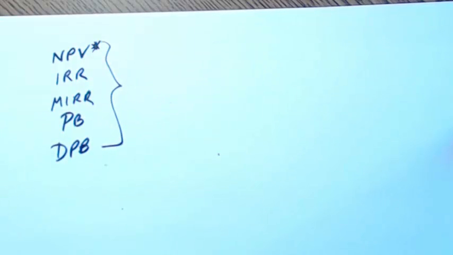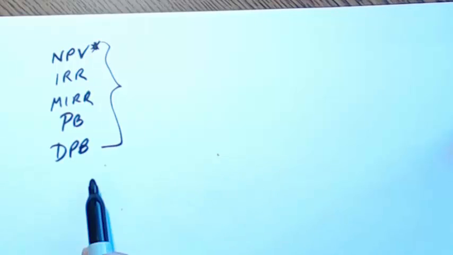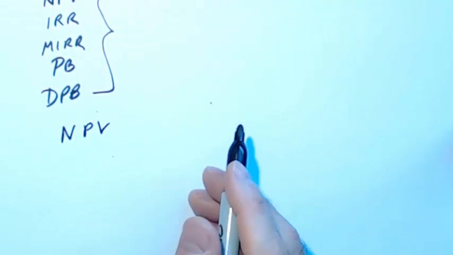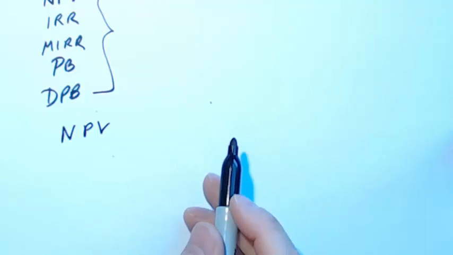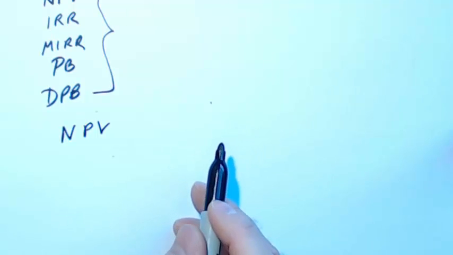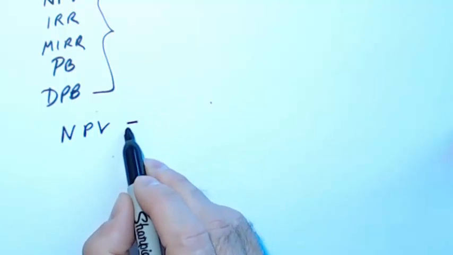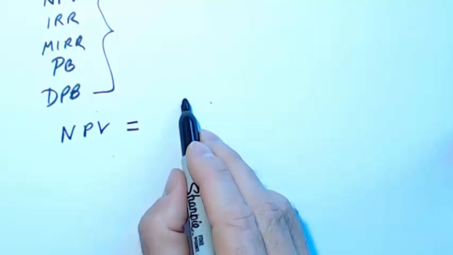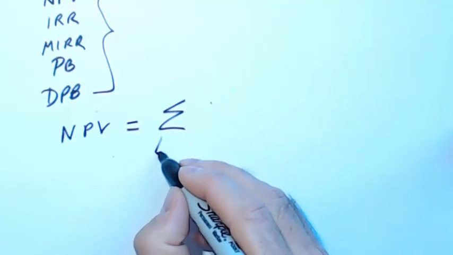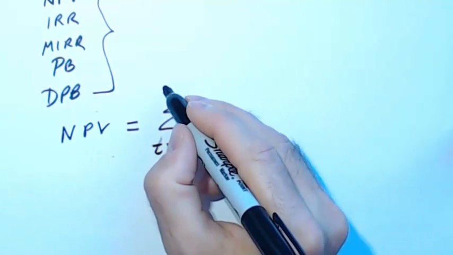So, net present value. Net present value is the sum of the present values of all the cash inflows and outflows of the project. So net present value equals, now I'll show you this formula. It looks a little ugly, but it's not so bad.